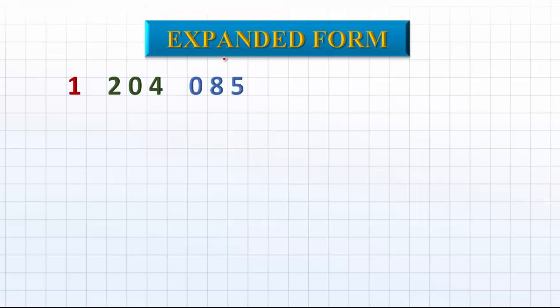Another thing that we'll look at is expanded form of a number. Here we have an example of a number. As you see, we have 3 groups indicated: units, thousands, and millions. The expanded form of a number shows us the number as a sum of each non-zero digit with its place value. So how does it go?